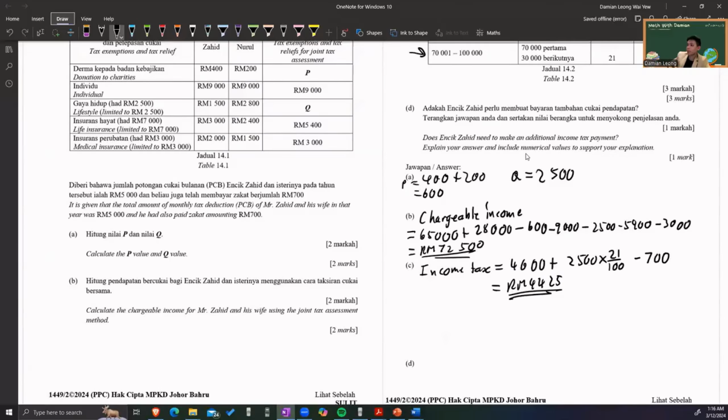So the income tax that he needs to pay is 4,425, but he already paid 5,000 ringgit. Then we calculate 5,000 minus 4,425, which is 575 ringgit.